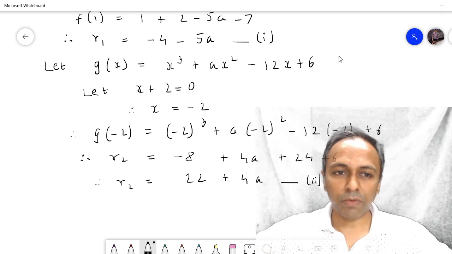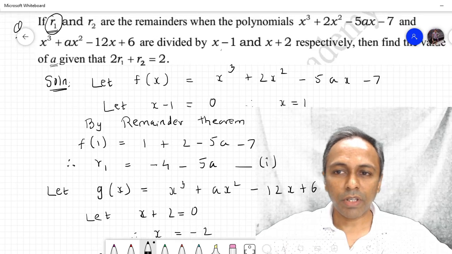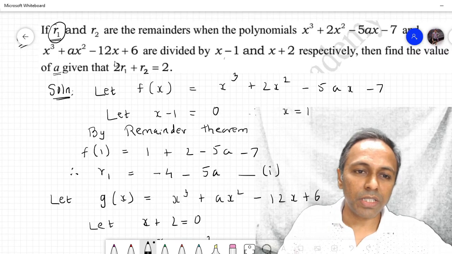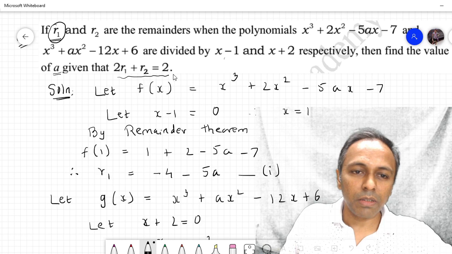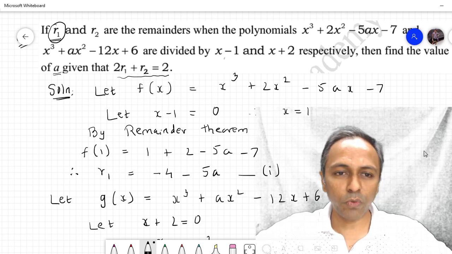So we have got both r1 as well as r2. They have given a relation such that 2r1 plus r2 equal to 2. This is not to be proved, it is given.